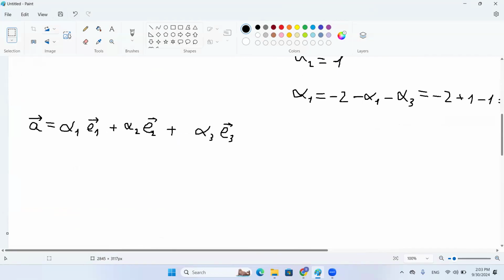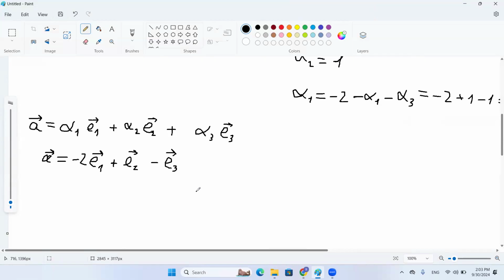So A, and how to write it: alpha 1 is -2, so -2 multiplied by vector E1 plus 1 multiplied by vector E2 and minus E3.